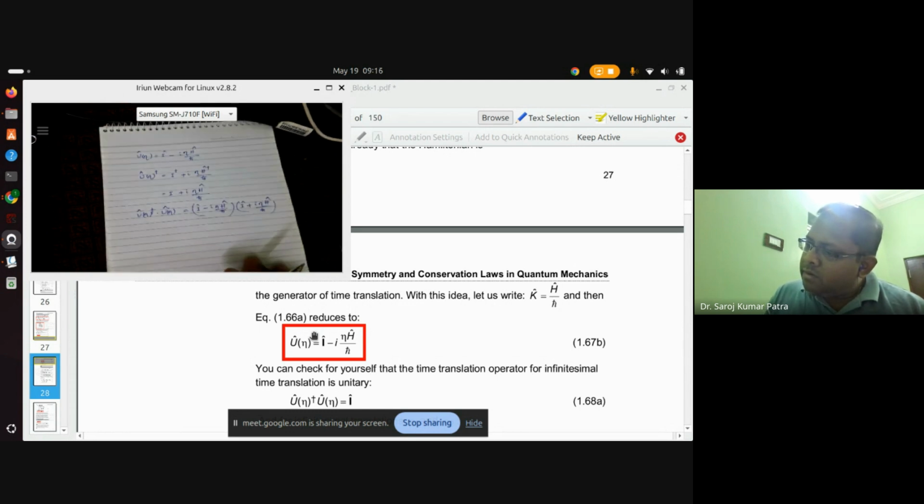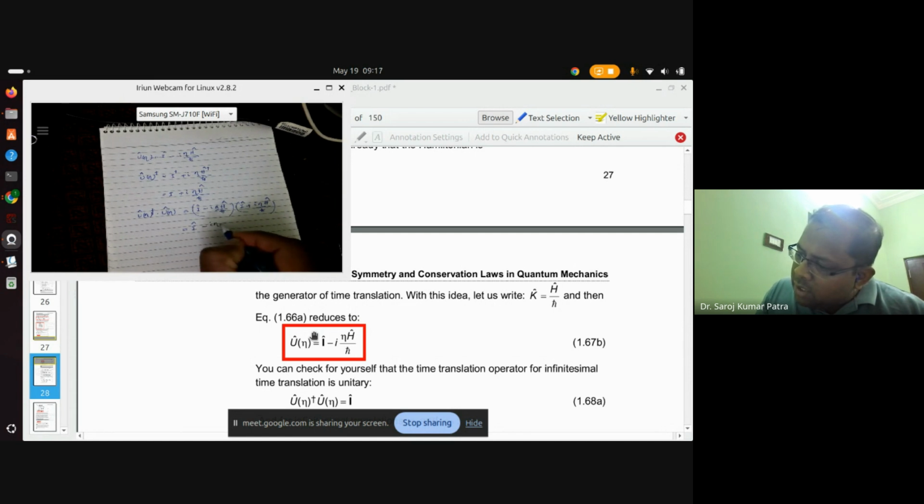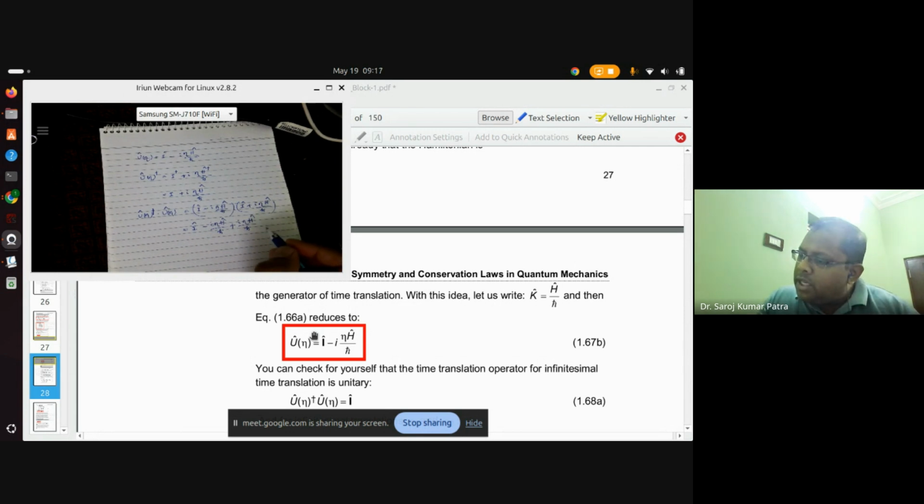Right? Now I squared will be again I. Then I into this one, that will be minus I eta h cap by h cross. Another will be plus I eta h cap by h cross. And then it will be minus I into I, that will be minus I squared, that will be plus.